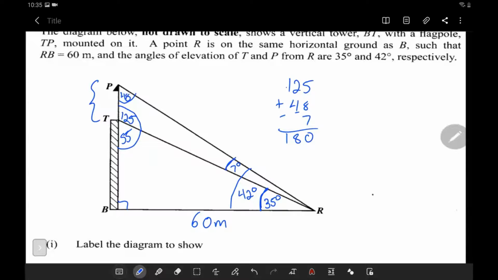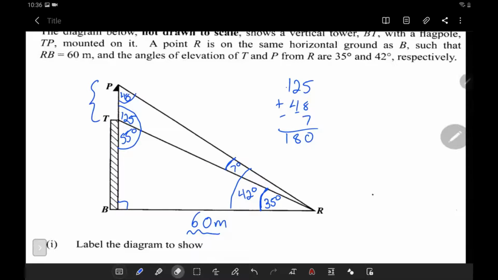So now we can look at finding some sides. I realized that TR might be helpful. That is this line here. That is the hypotenuse of triangle BTR, so it would make sense for me to use trigonometry to find it since I only have one side. So if I look at the opposite to 55 degrees, that's this one, which is the 60 meters. That tells me that I could use sine to figure out what the hypotenuse is.